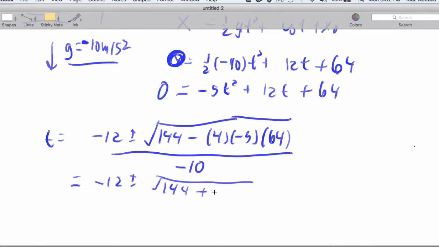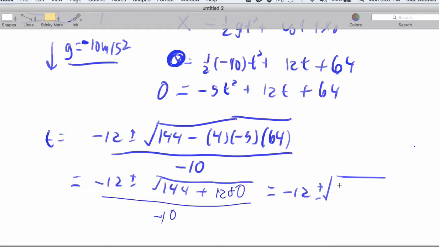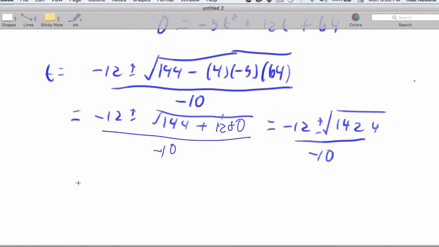Ugh. All over negative 10. Okay, let's get the square root here. So we got negative 12 plus or minus the square root of 1,424 over negative 10. I think we're going to need to take the negative root here to get a real number. So negative 12 minus the square root of 1424 divided by negative 10.